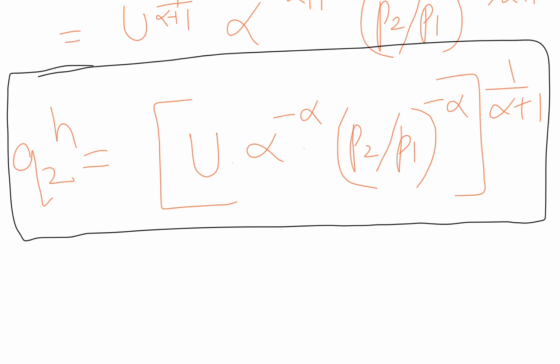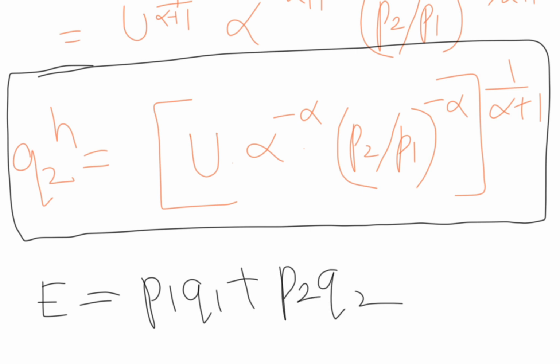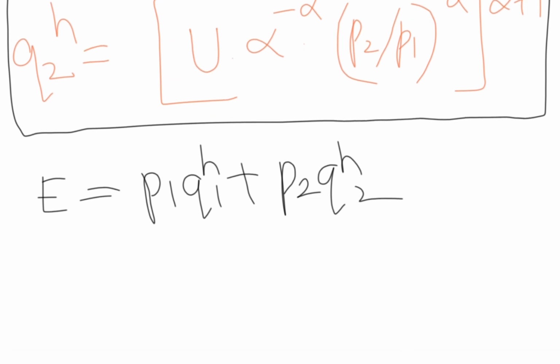We will calculate the expenditure function now. The expenditure function you remember from above is P1 Q1 plus P2 Q2. We will insert the values of the compensated demands for the first and the second commodity.